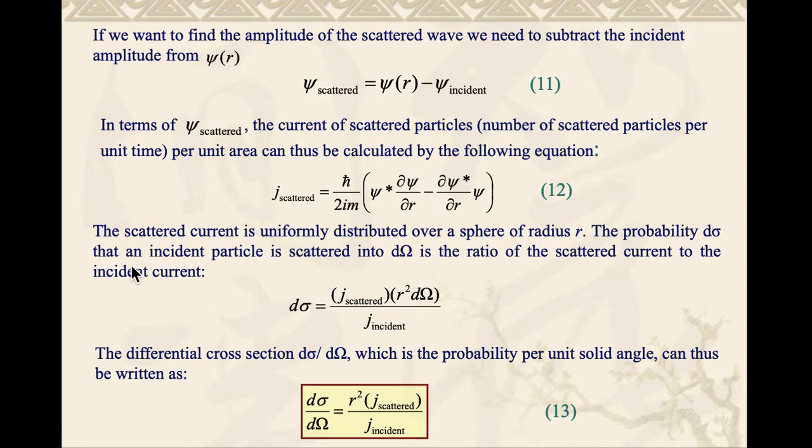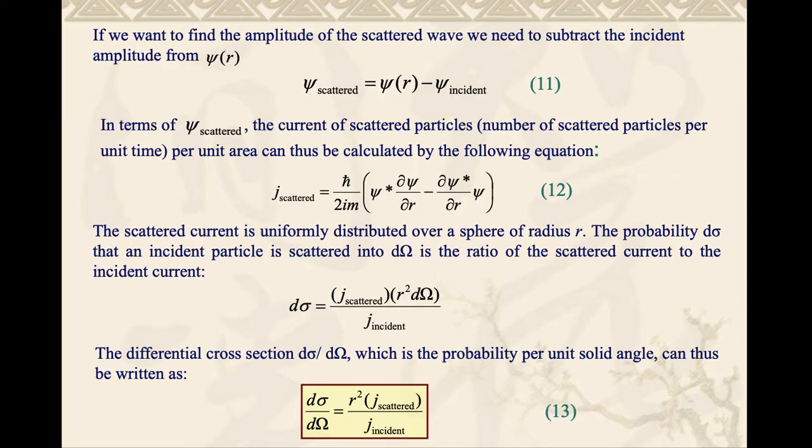The scattered current is uniformly distributed over a sphere of radius r. You can visualize that: scattering can be in the forward direction and maybe in the backward direction also. So it will be distributed over a sphere of radius r, and the probability d sigma that an incident particle is scattered into d omega, which you are considering as a solid angle, is the ratio of scattered current to the incident current. That is clear.